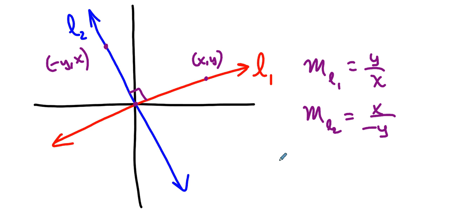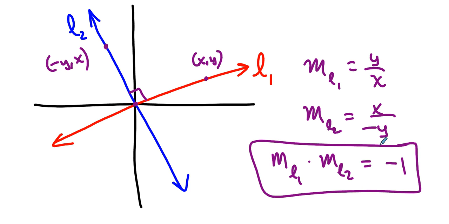And then what do we know? We know that the slope of L1 times the slope of L2 is negative 1, and that holds for all perpendicular lines. It is based on the notion of transformations in the coordinate plane that young people, 8th graders, do.